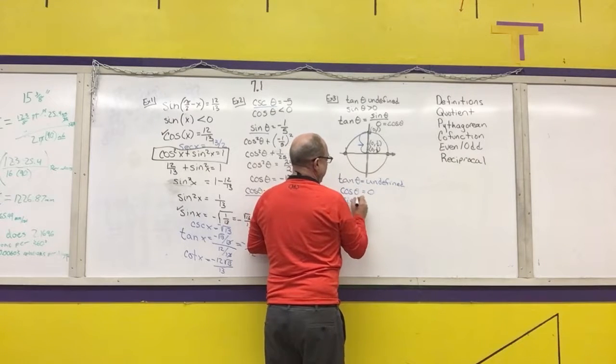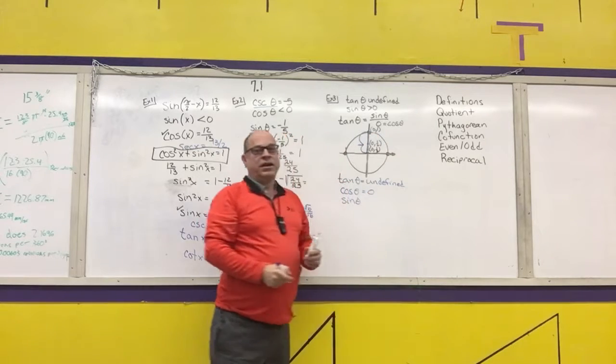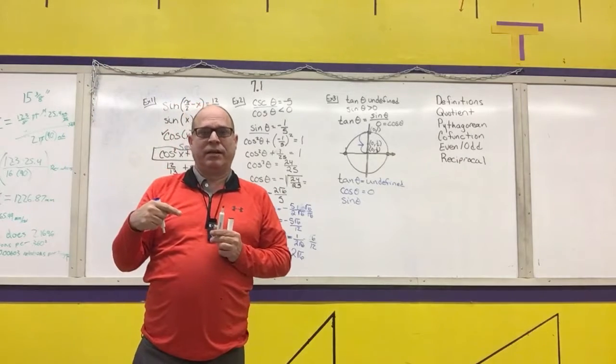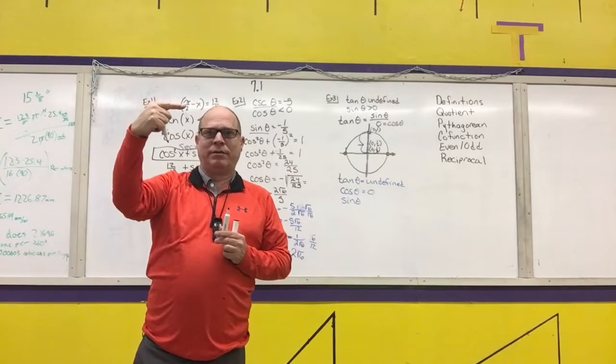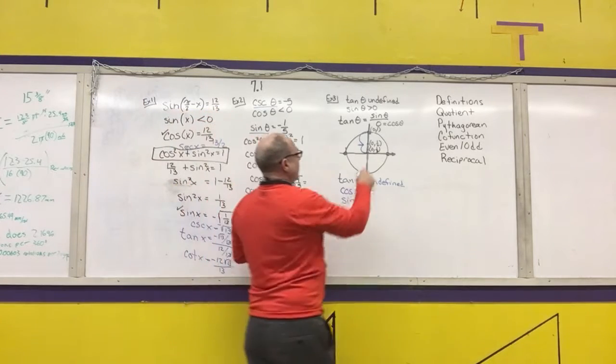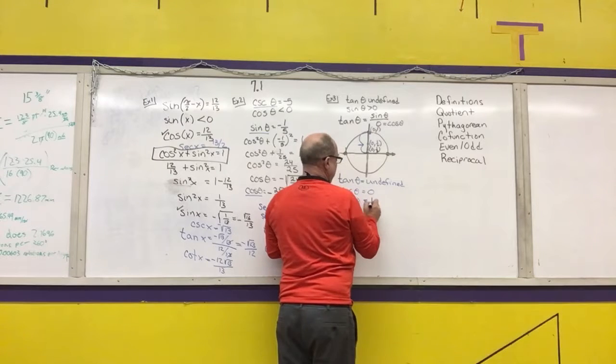The reason why I'm using the unit circle definitions is I could also use the trig of any angle definitions where it's y over r for sine. But if r is 1, y over r is just y over 1, which is just y, which makes the definitions easy. So the sine of theta is 1.